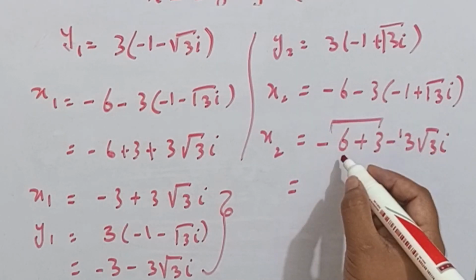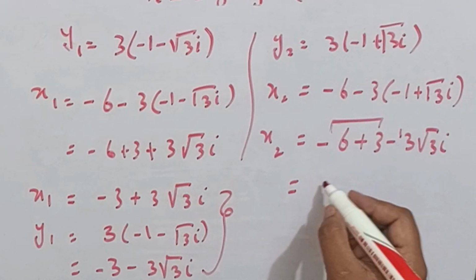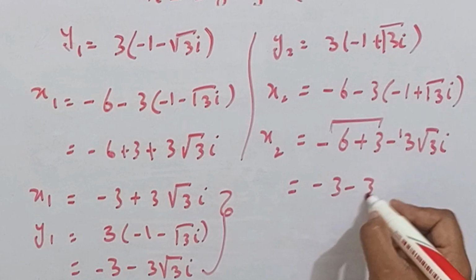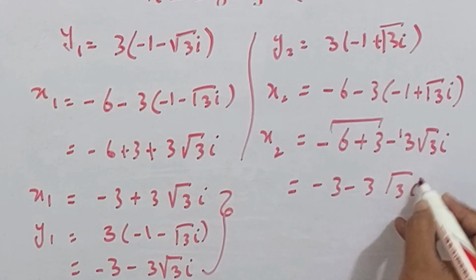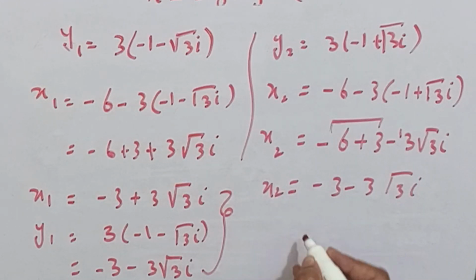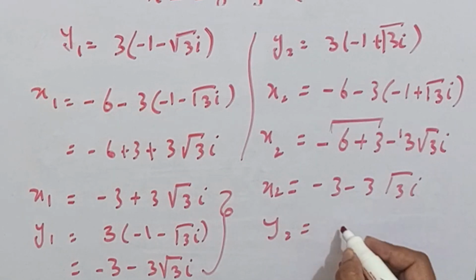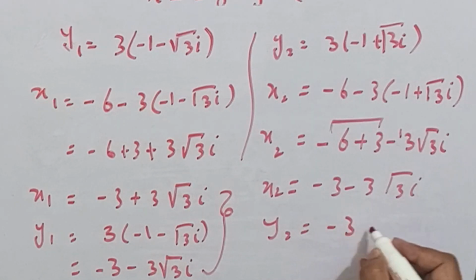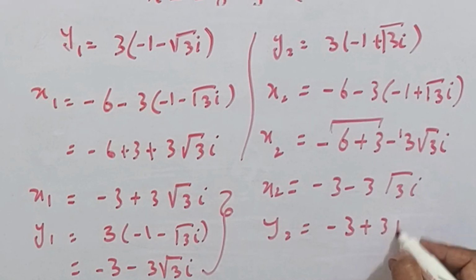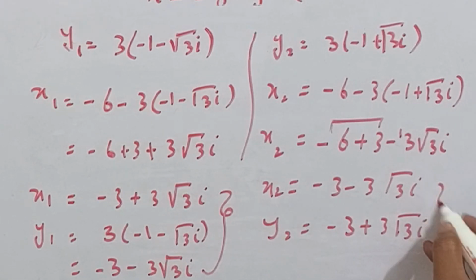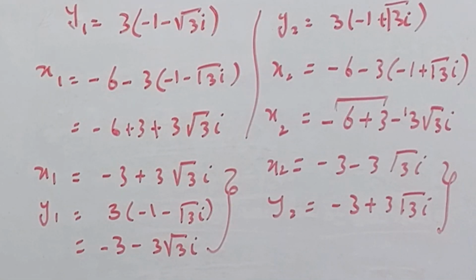Solving, negative 6 plus 3 is negative 3, and this is minus 3 times square root 3 iota. This is the value of x2, and in this case y2 is negative 3 plus 3 times square root 3 iota. These are the possible solutions.